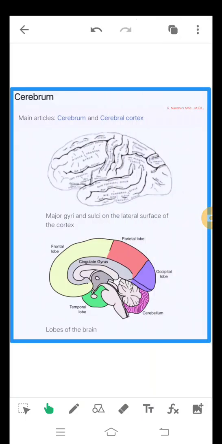See the diagram of lobes: frontal lobe, parietal lobe, occipital lobe, temporal lobe. This is the cerebellum. This is the cingulate gyrus.